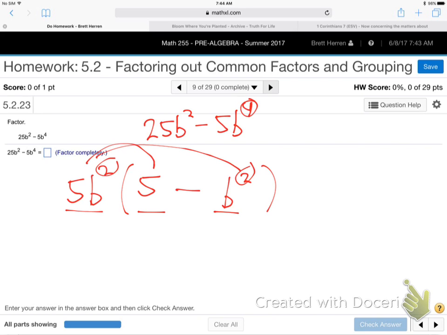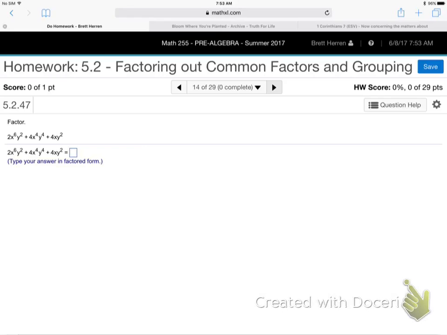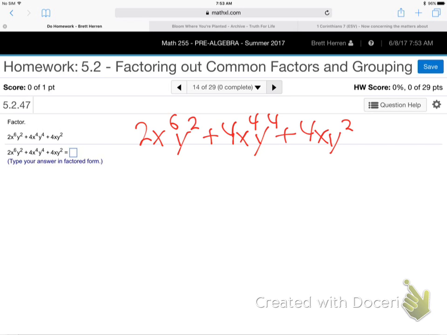All right. Okay, try that one. 2x to the 6th y squared plus 4x to the 4th y to the 4th plus 4xy squared.